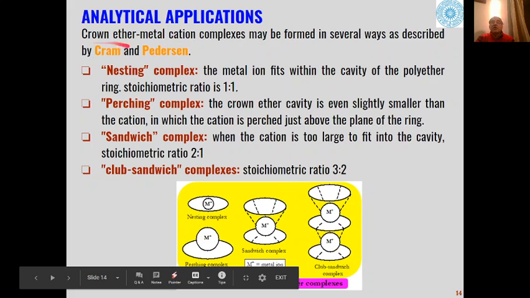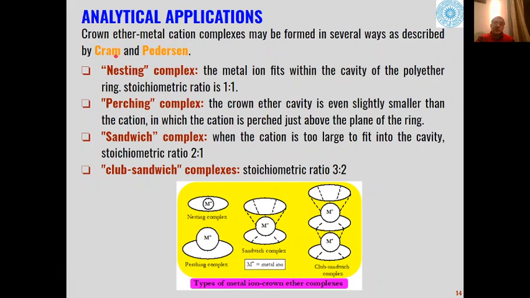Then crown ether metal cation complexes, as I have told you, are formed. They were described by Cram and Pedersen, and a number of types of these complexes can be formed. These complexes may be nesting complexes.